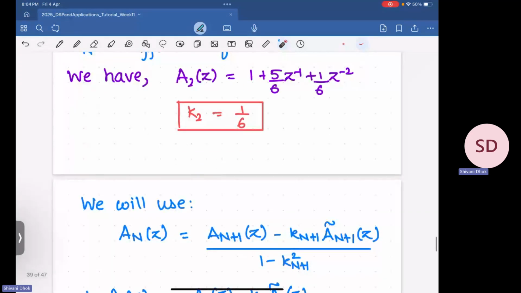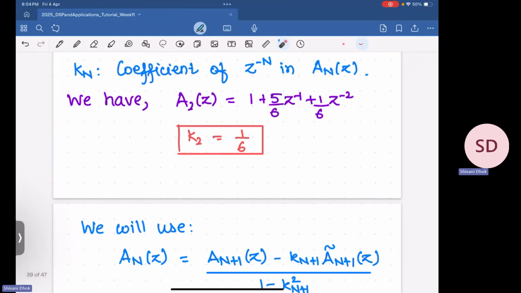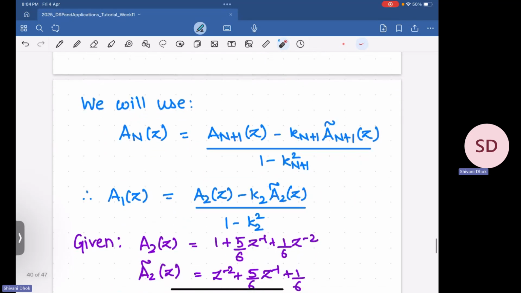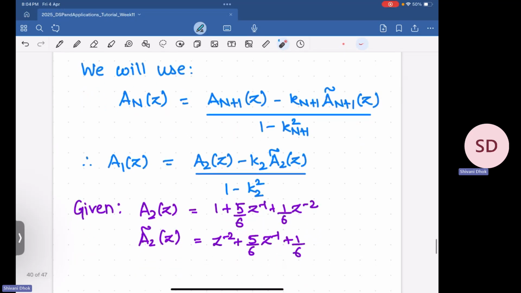After that, now we have k2, we want k1 also. In order to get k1, we will use the recursive equation that we have, and we will substitute our A2 of z and A2 tilde of z. A2 of z we had. How to obtain A2 tilde of z?